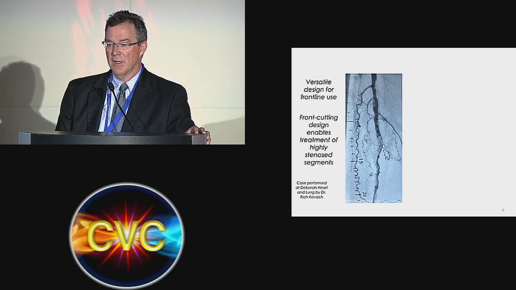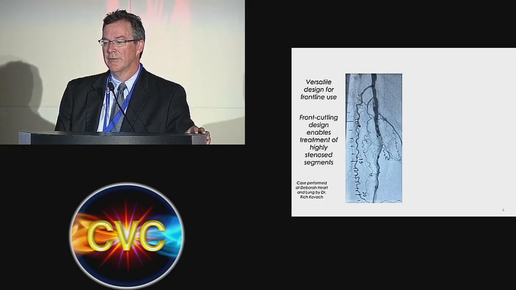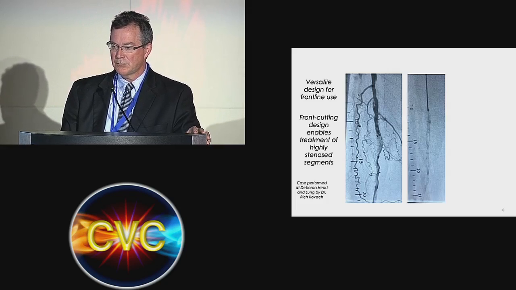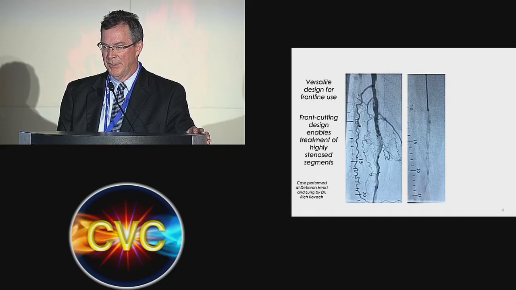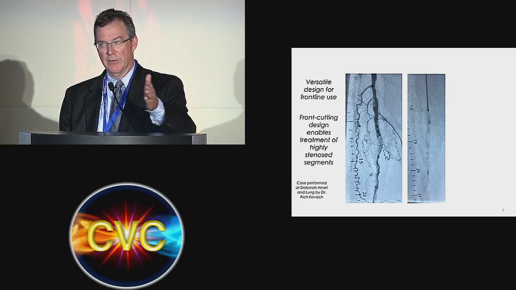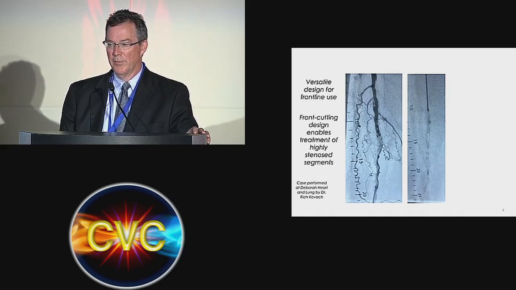This is a case by Rich Kovac, showing the diversity of the catheter. This is a severely stenotic, very calcified SFA. As you can see, the Phoenix catheter is coming down through there over the wire. Again, it's a slow pass, same thing as laser, because the debris coming up there can only go up so fast.